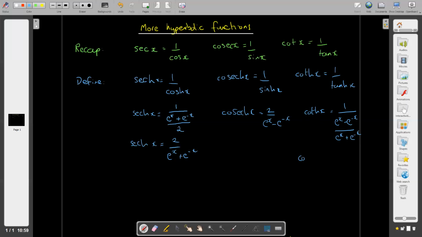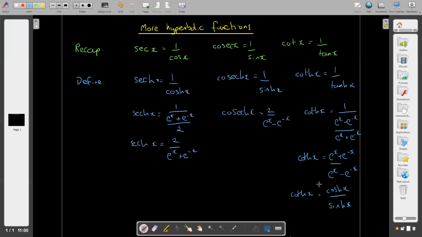So coth x is equal to e to the x plus e to the minus x over e to the x minus e to the minus x. And you might realize that that's the same thing as cosh x over hyperbolic sine.